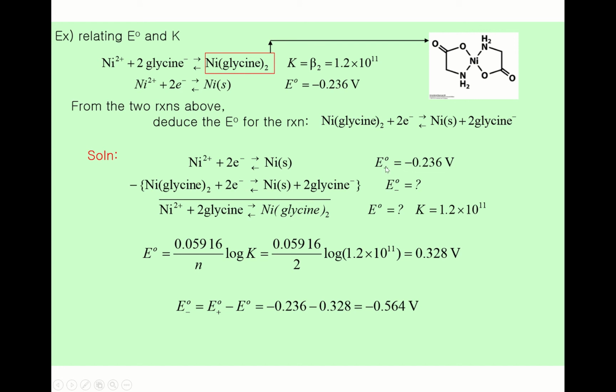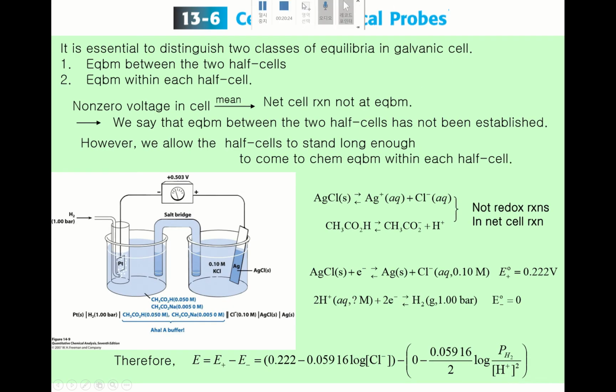E0 equals E plus 0 minus E minus 0, so E minus 0 equals E plus 0 minus E0. Then we get minus 0.564 volt. This is an example of how to calculate this unknown E0 value for this reaction. Very simple actually. Let's stop here.